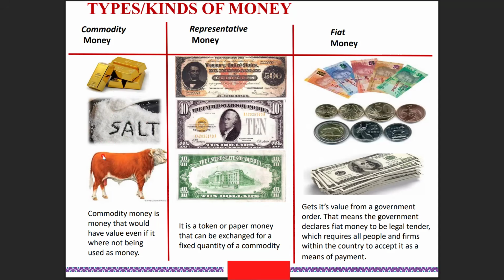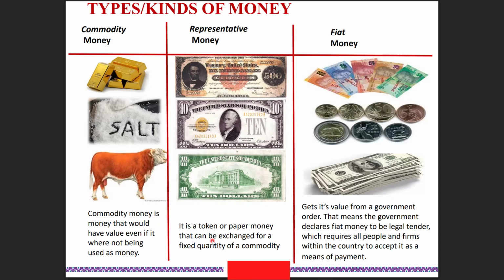And then after commodity money, they came up with representative money. With representative money, it was just a paper or token that can be exchanged for a fixed quantity of a commodity, right? So you would have a paper, or a coin, written, say, 5 cows.